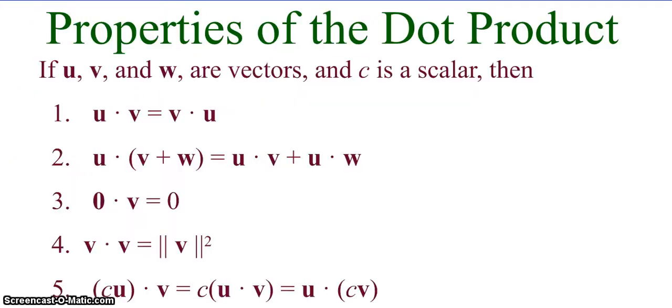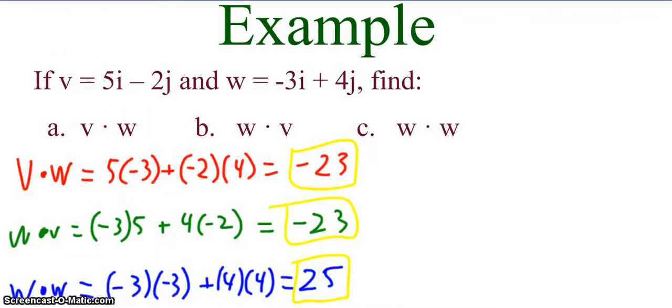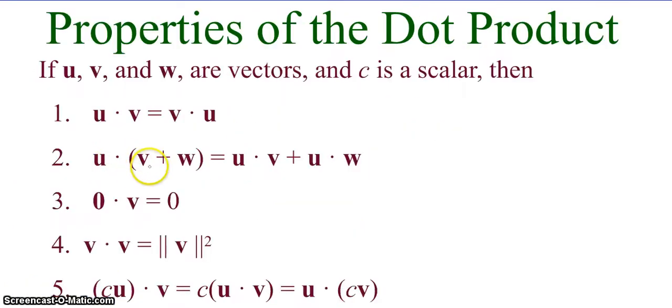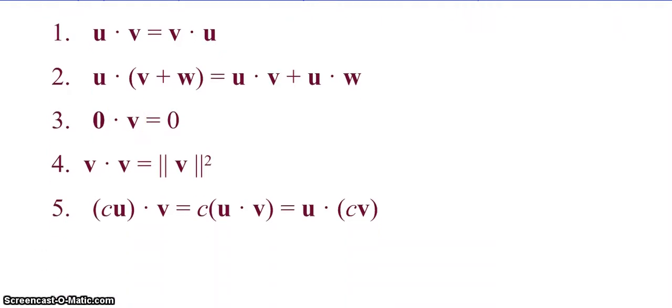So this leads us to some properties of dot products. If u, v, and w are all vectors and c is a scalar, then u.v equals v.u. And we saw that here with v.w and w.v equaling the same thing. u dot (v plus w) is u.v plus u.w. 0.v is going to be 0, which should make sense.